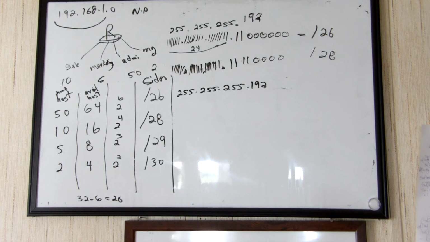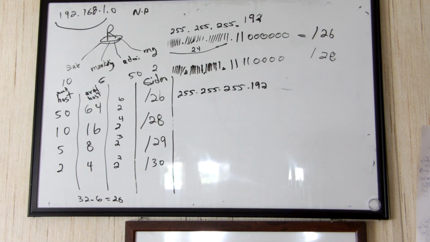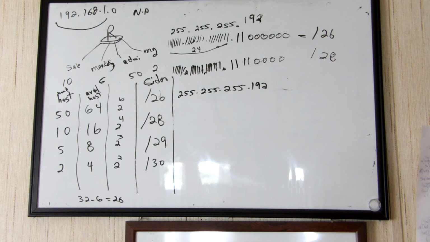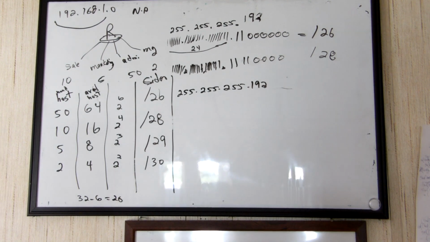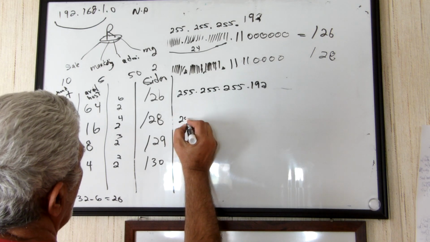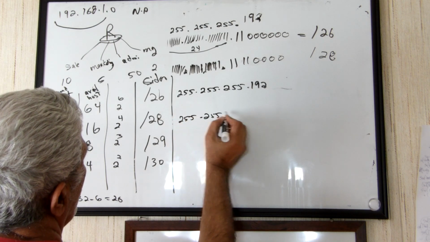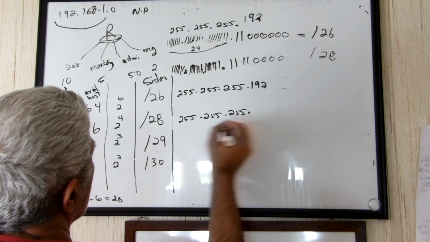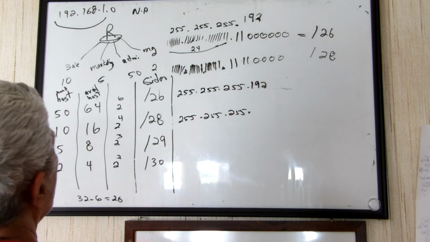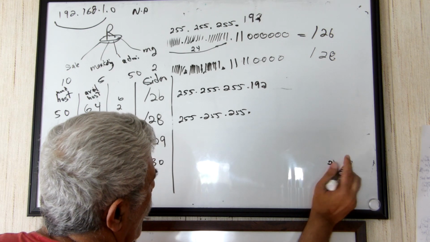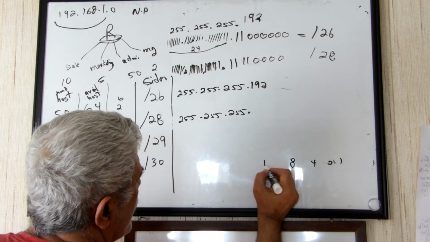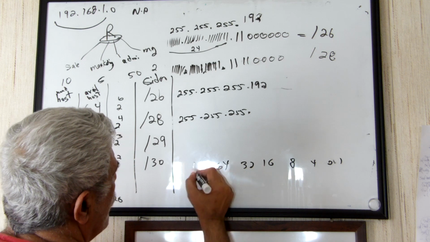So /28 is 28 ones. We have 24 ones for the first 3 octets, so it's going to be 255, 255, 255, and there are going to be 4 ones here. 1, 2, 4, 8, 16, 32, 64, 128.